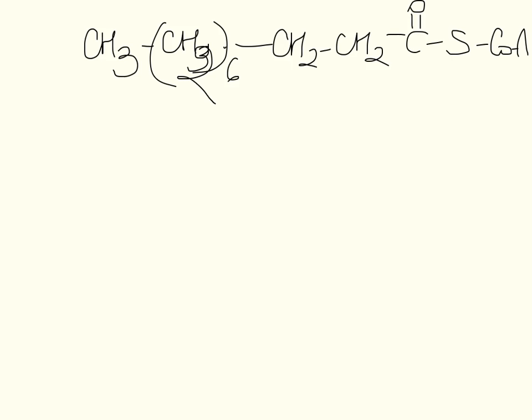So in the first cycle, you end up with 2 carbon acetyl coenzyme A. So you get a CH3, C double bond O, S, CoA.